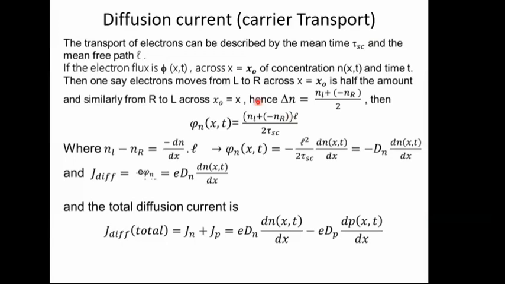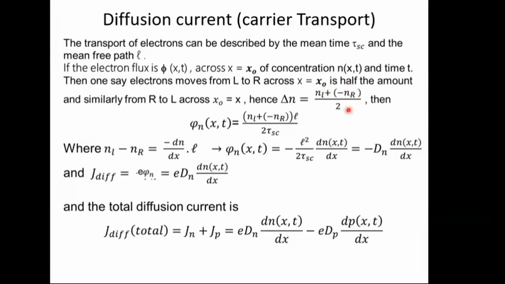In the derivation, we're saying that the L to R crossing across x0 is half, and similarly, going from R to L, from x0 to x, implies a concentration of N sub L in one region and minus N sub R in the other region, since it's on the negative side of x0, over 2.